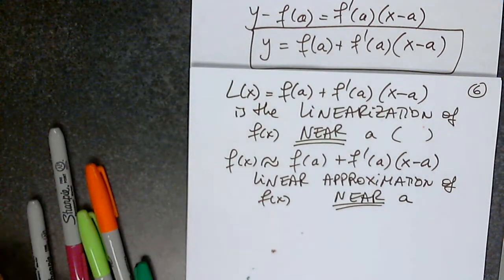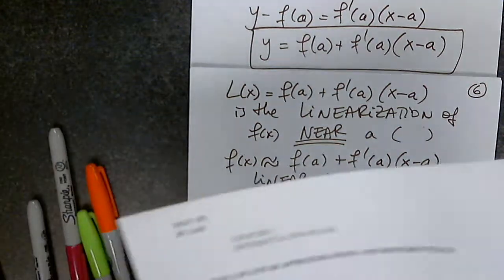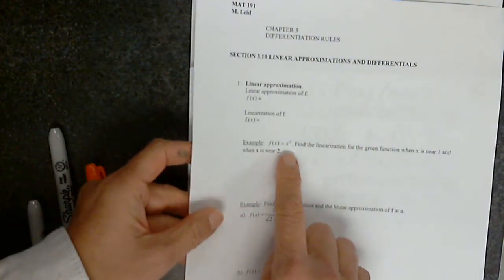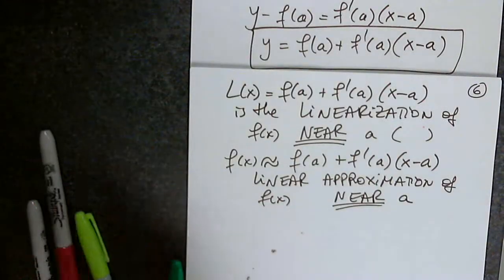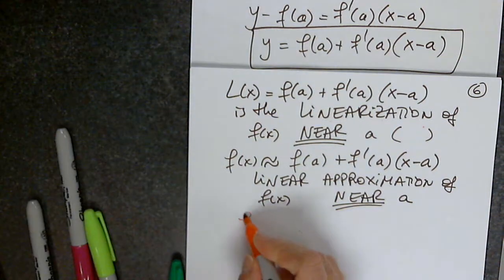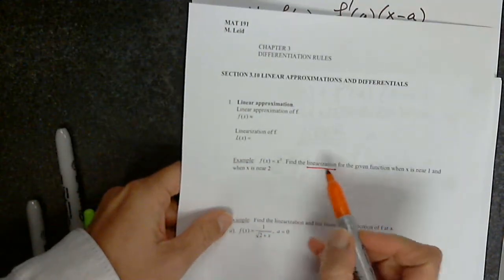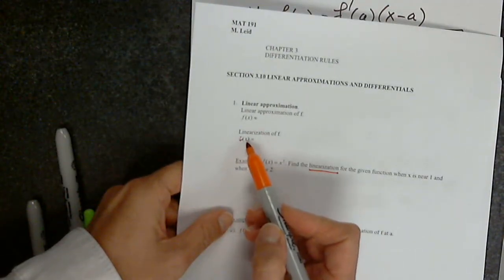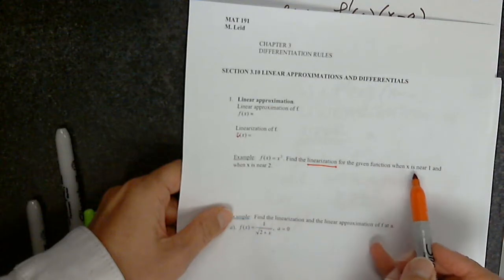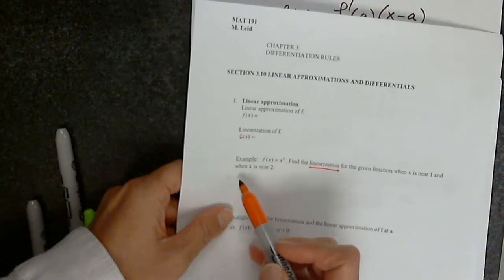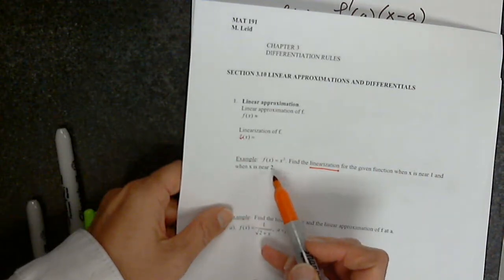So now let's look at these two examples. We are given a function which is f of x equals x squared. And I'm told to find the linearization for the given function with x near 1, and then when x is near 2.